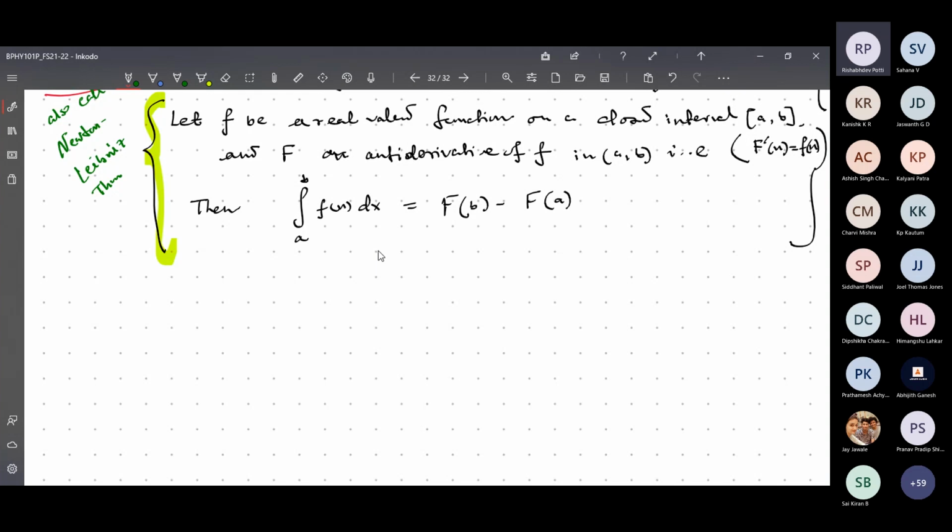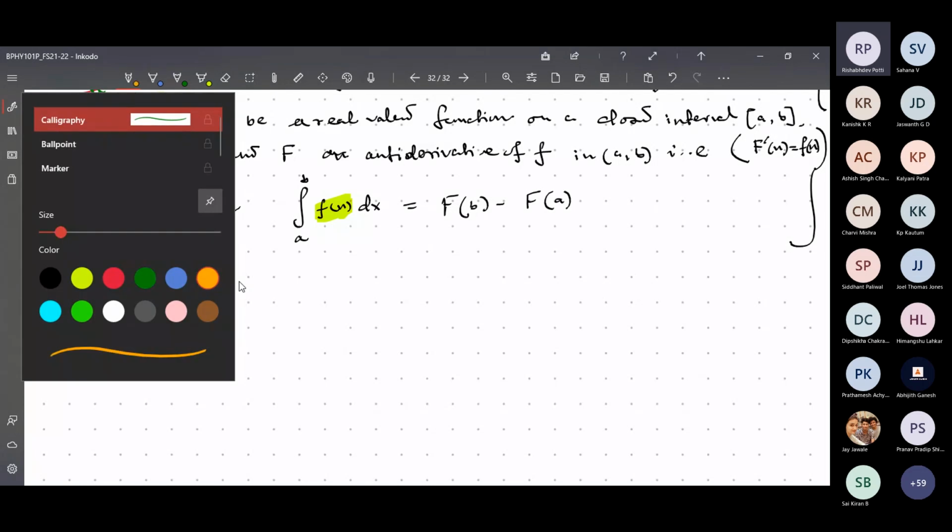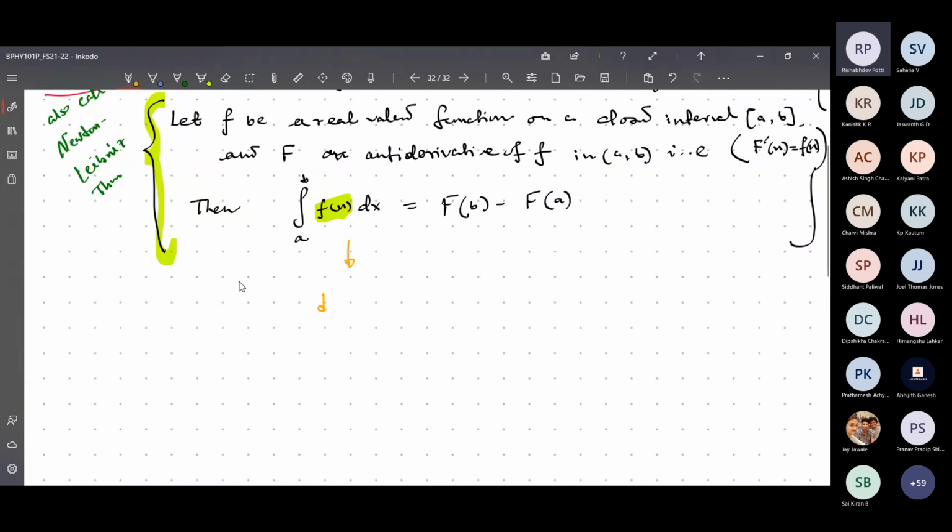Like F prime of x is dF by dx. As you can see, what is there in the integrand is nothing but dF by dx times dx, and as if you are doing an integral of this thing, it is coming like this.